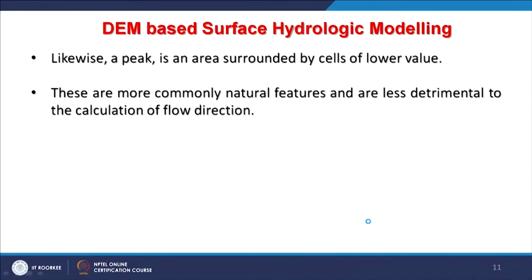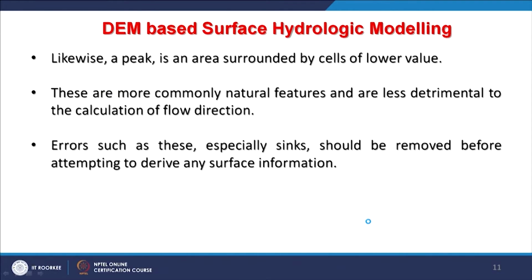Then it is made sure that whatever water is dropping on the surface in a watershed has to come out of the outlet. Now, the flow direction calculation is affected by these natural features. Errors such as sinks or peaks should be removed before we derive surface information, or before we go for the next step in surface hydrologic modeling.